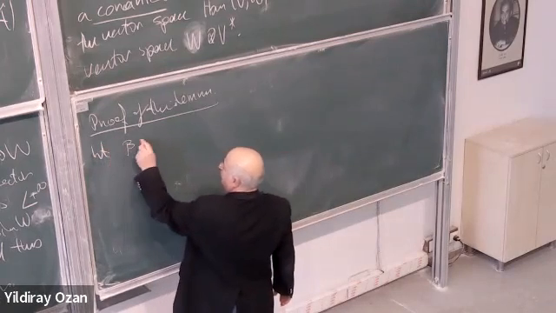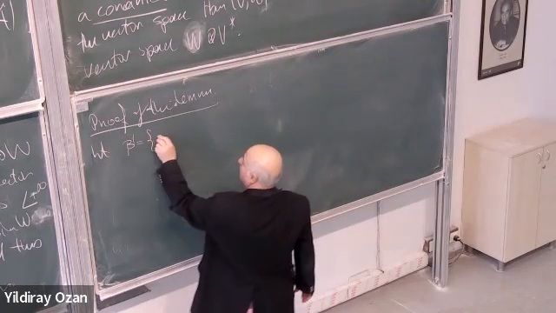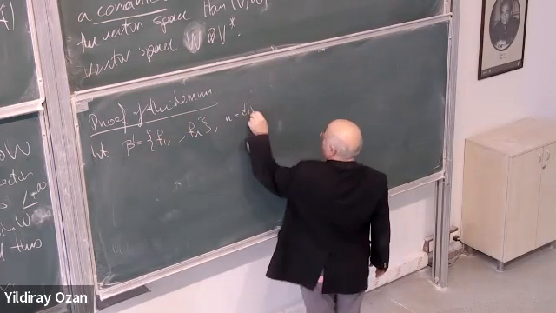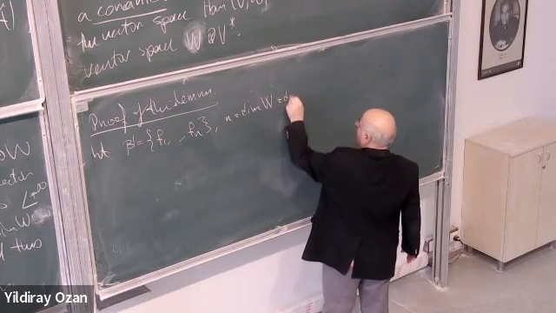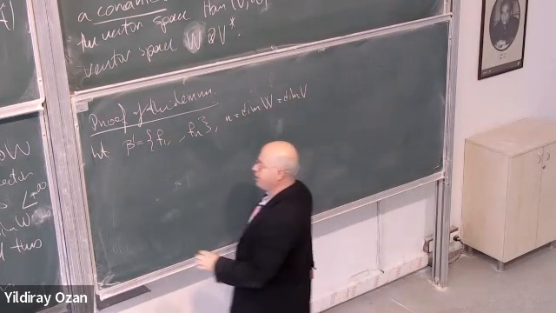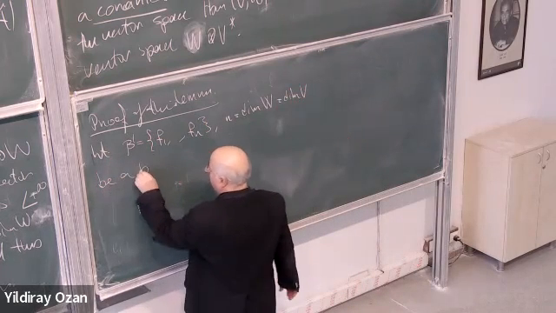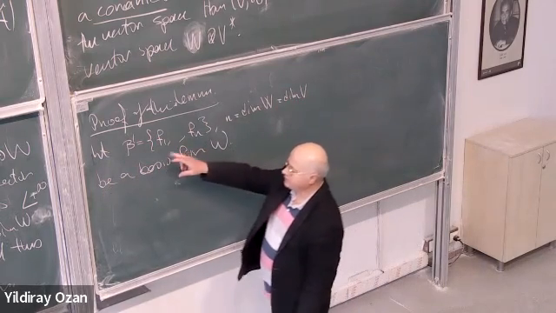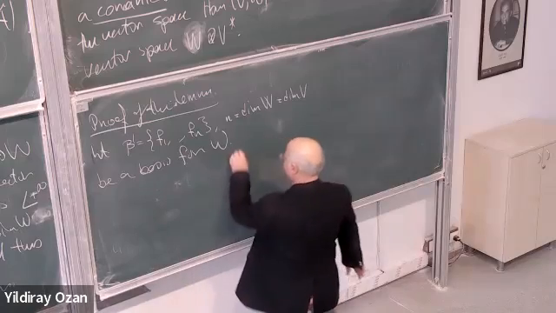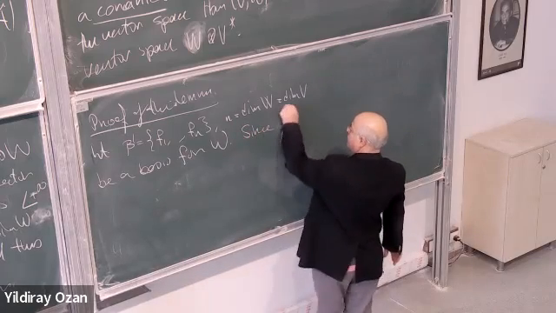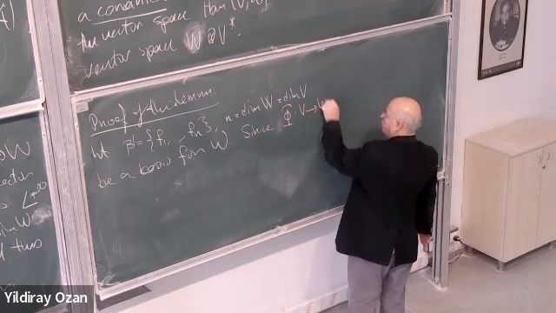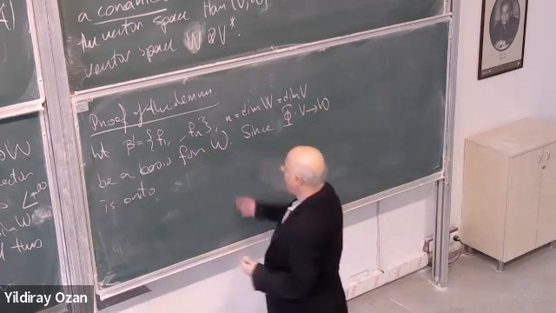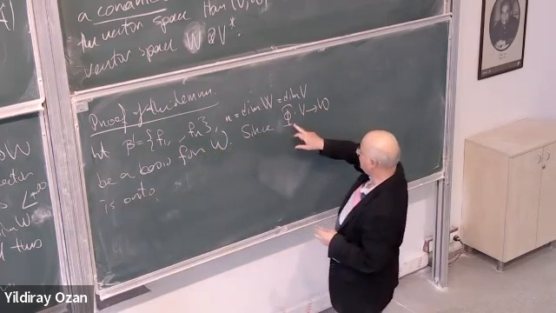Let's say beta prime, f1 up to fn, where n is this common dimension, be a basis for W. Well, since this map is onto, any element here is in the image of this one, right?